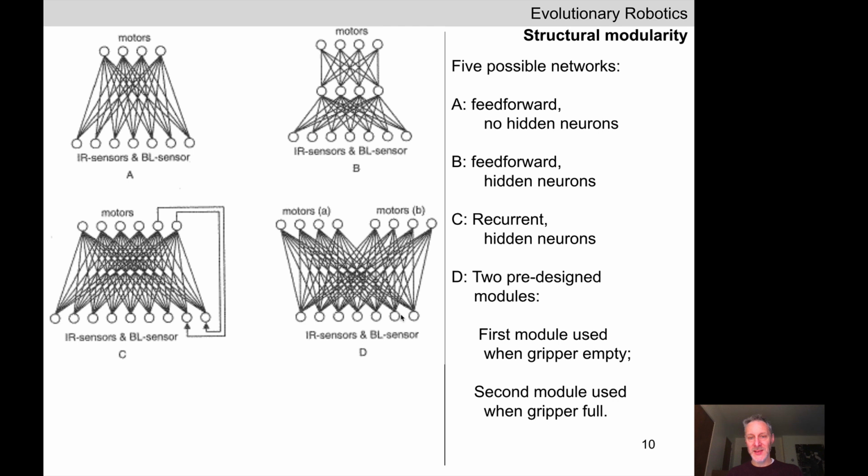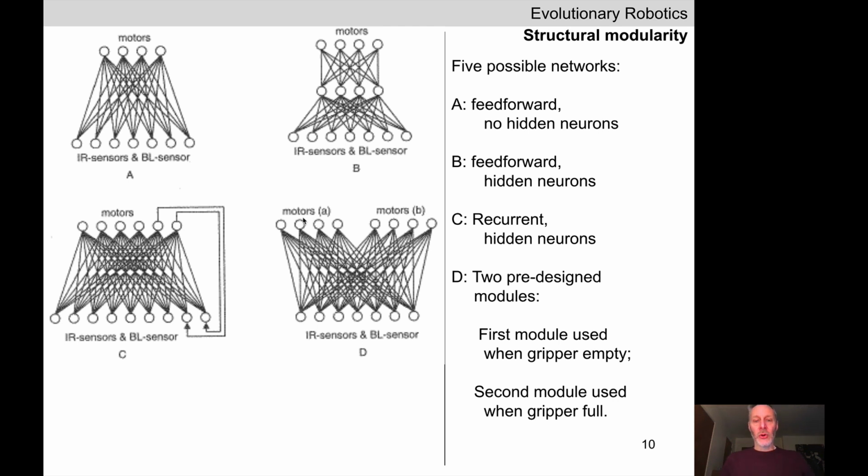We've got our 7 sensors down here, and we can see that each of the sensors is connected to one of the 4 motor neurons in motor module A, and the same 7 sensor neurons are connected to each of the 4 motor neurons in motor module B. If you can imagine a robot equipped with this neural network and it's driving around in the arena, all of these 7 numbers are turning on and off and changing as the robot senses changes in its environment. And that is lighting up the 4 neurons in each of the 2 modules differently.